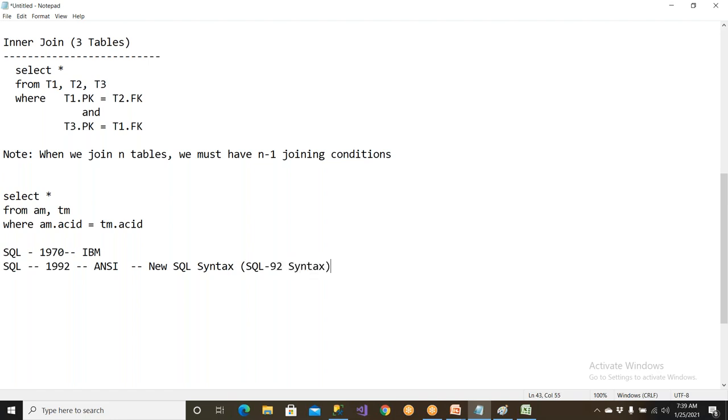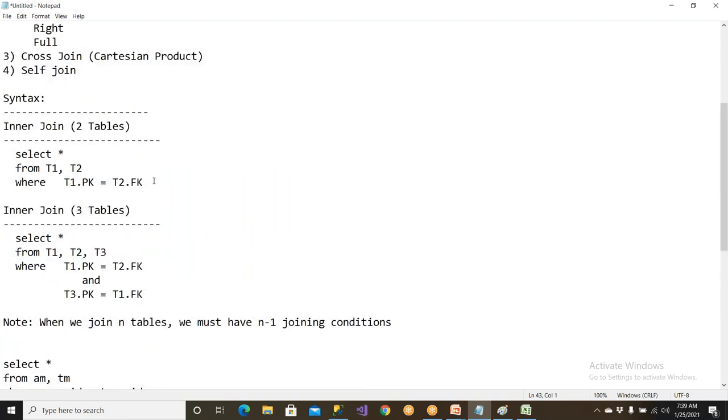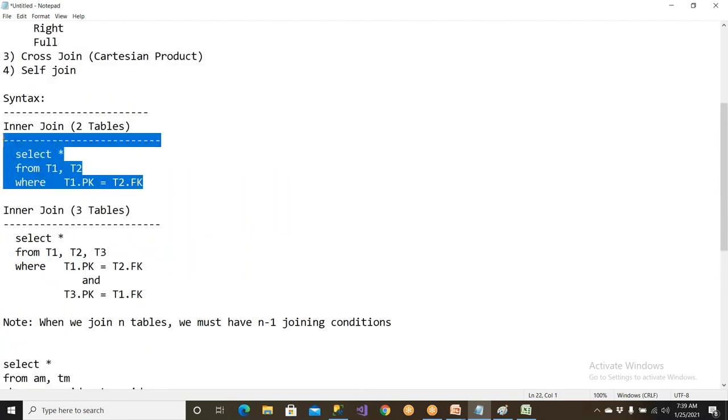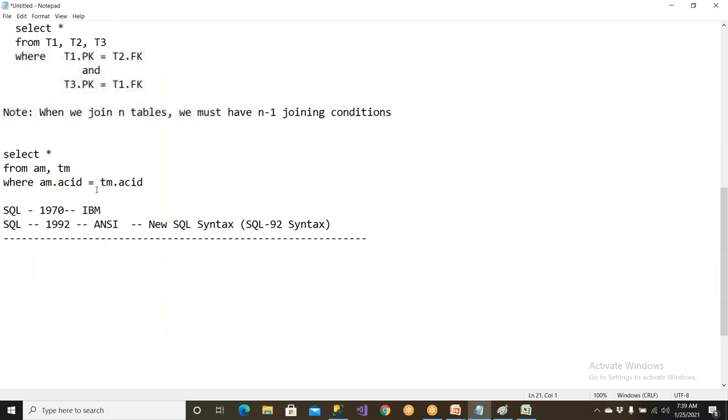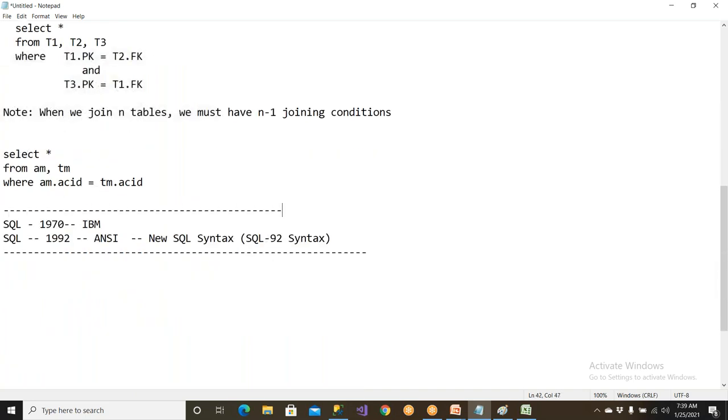ANSI made some modifications to SQL language features. What is the first modification? To join these two tables, the old syntax was whatever we discussed.